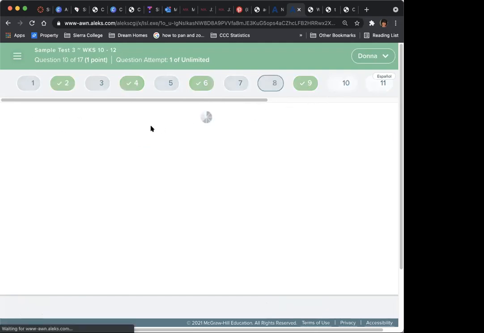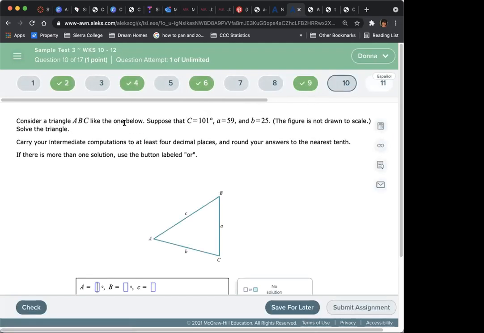Yeah, these aren't so bad. Matter of fact, I did these on the review on number 12. That's interesting. Number 10, didn't I do something like that?